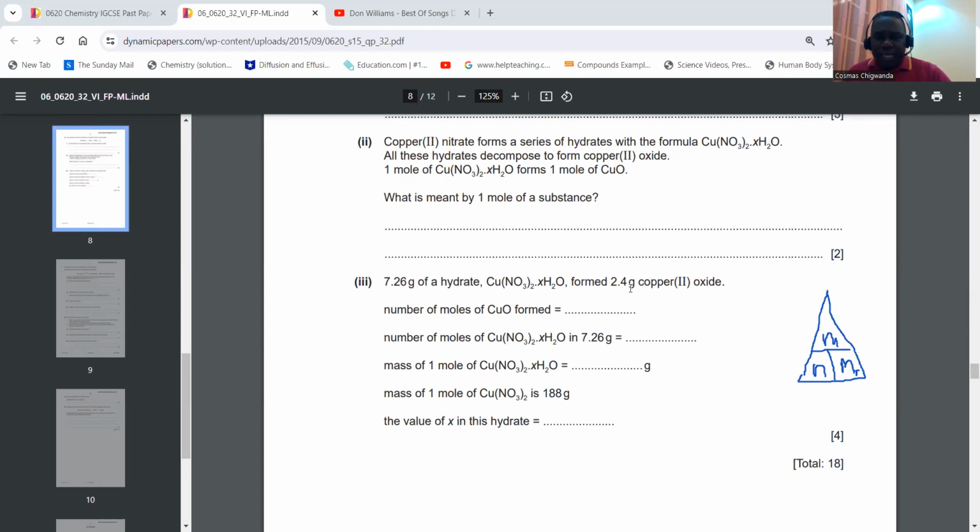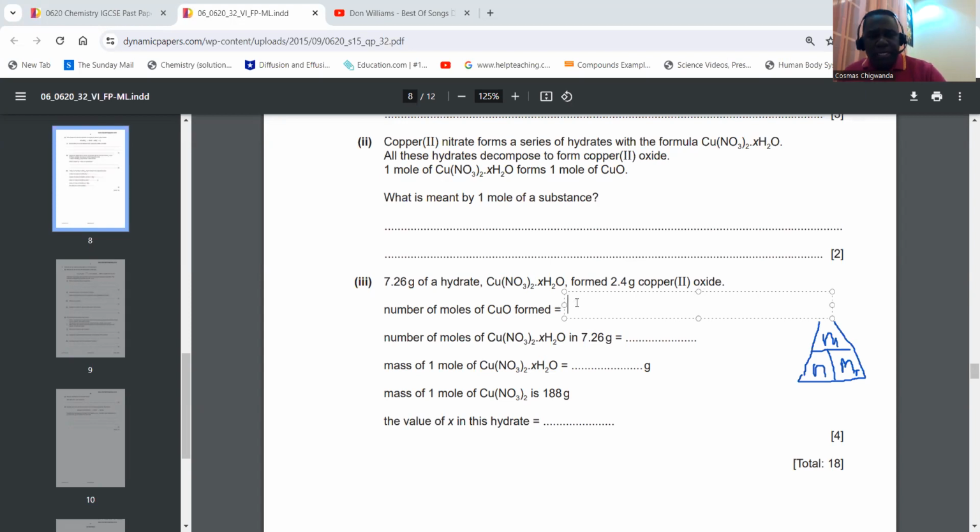So the mass that has been given for copper oxide is equal to 2.4. So our number of moles here, let's just put it as n. Let me extend this here a bit.